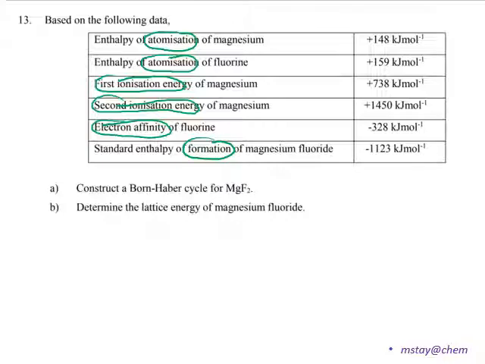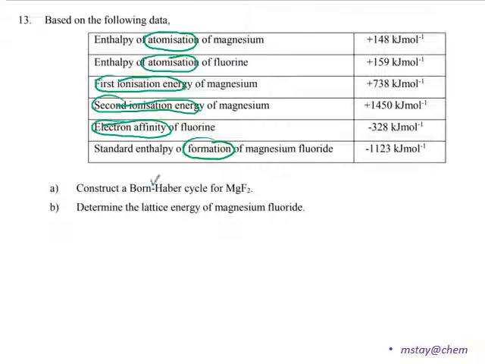So again, I need to remind you of the importance of knowing the definitions of different types of enthalpy. Again and again, you will notice that quite often the question will give us the name of the enthalpy without the thermochemical equation. So you are the one who is going to construct or write down the thermochemical equation.